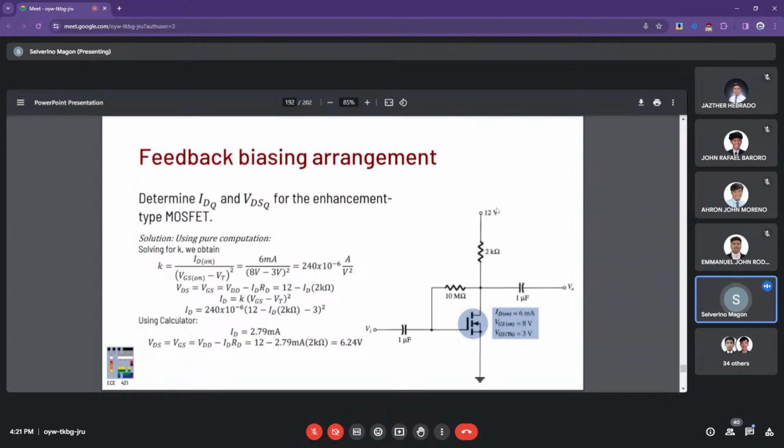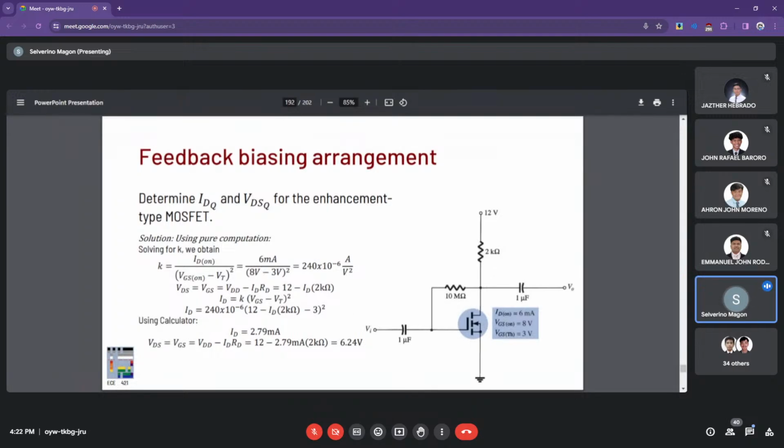Here we have VGS equal to VDS, no, in this case. And by the loop analysis, VDD minus IDRD minus VGS is equal to zero.